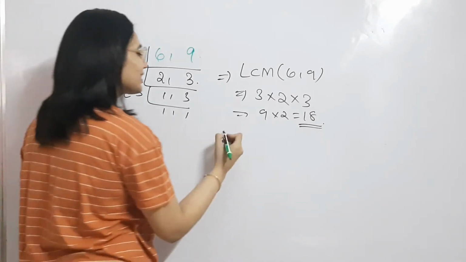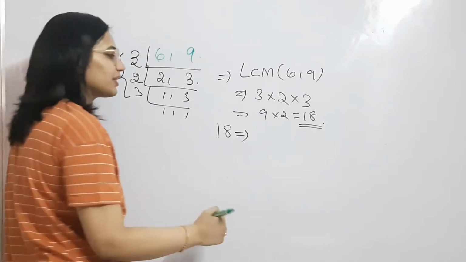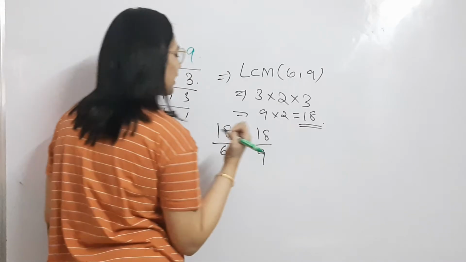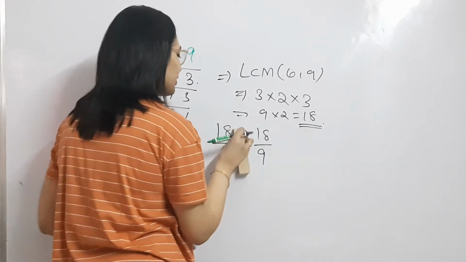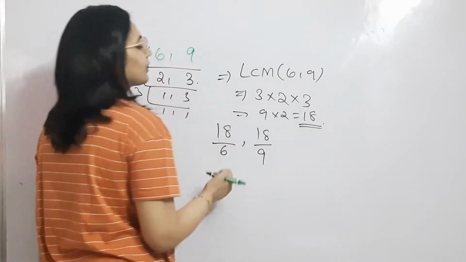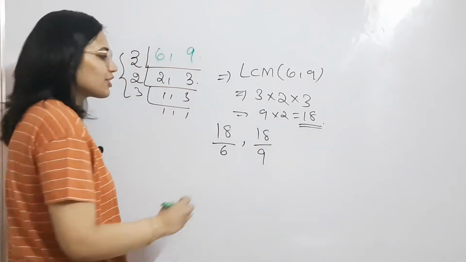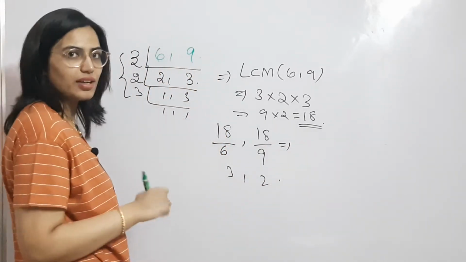It means that 18 is the lowest common multiple, or the least multiple, that is divisible by both 6 and 9. That is, LCM is the least common multiple that is divisible by both 6 and 9. Here 6 3s are 18 and 9 2s are 18, right?